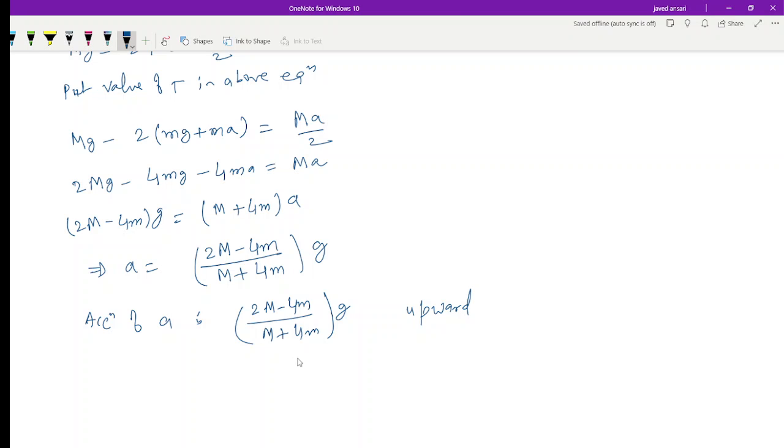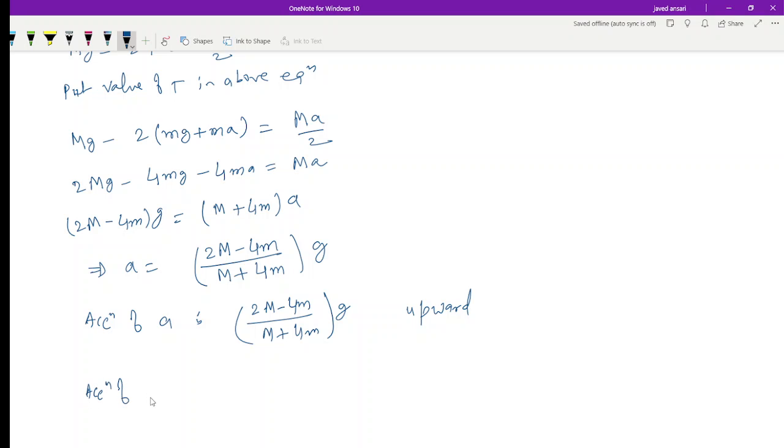Exactly whether this is upward or downward, you cannot tell right now. That will depend on the masses. What are the values of this capital M and small m? We'll take some examples and then we'll see.